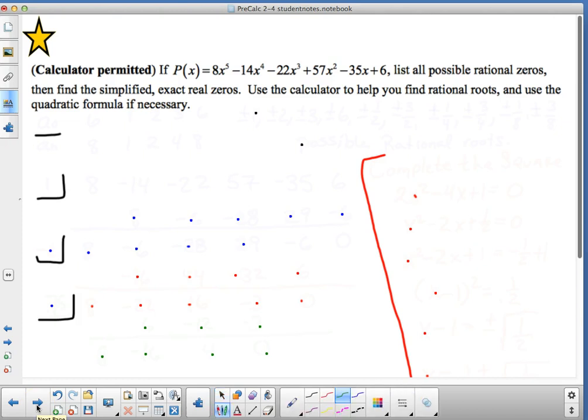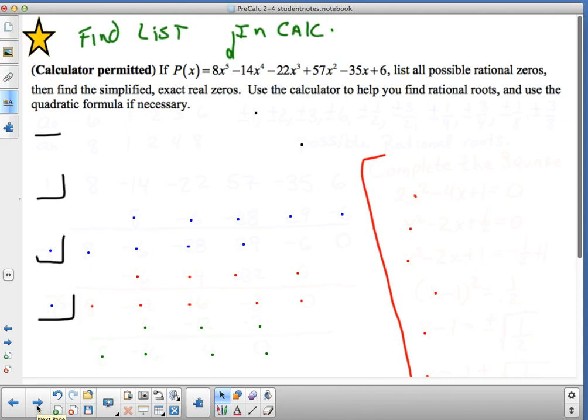After you find the list, and then place this in the calculator. Okay, put that in your calculator and we'll talk about it for a second. Okay, find the list and then put it in your calculator. I'll see if I can get mine in my calculator.